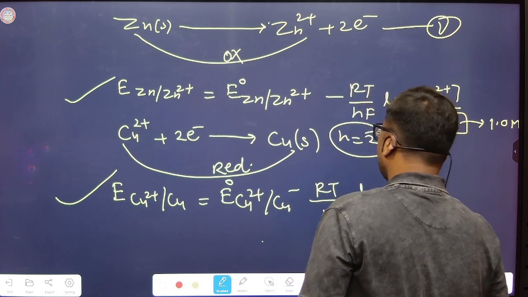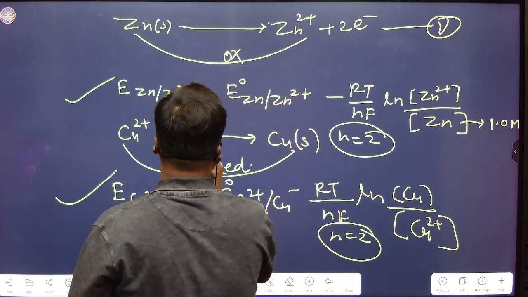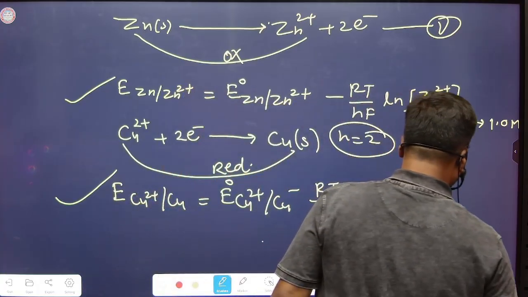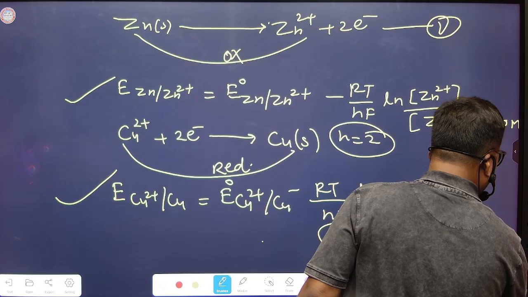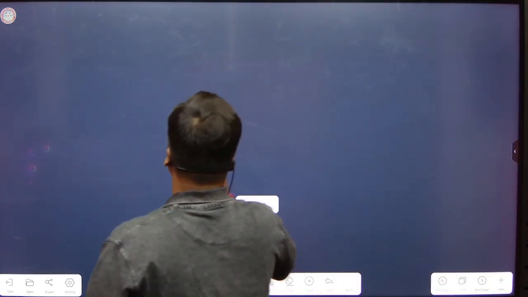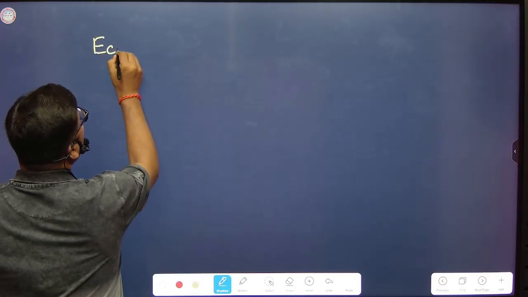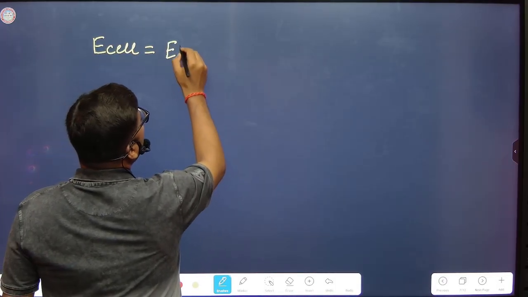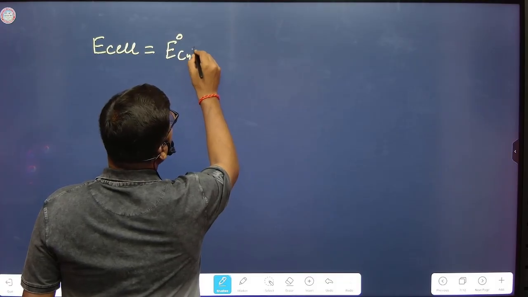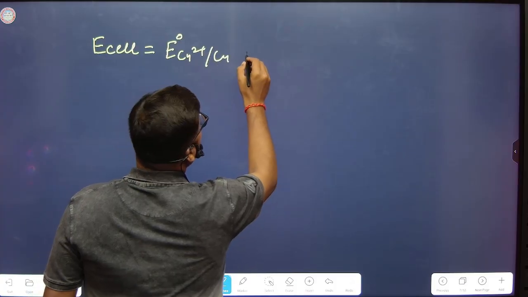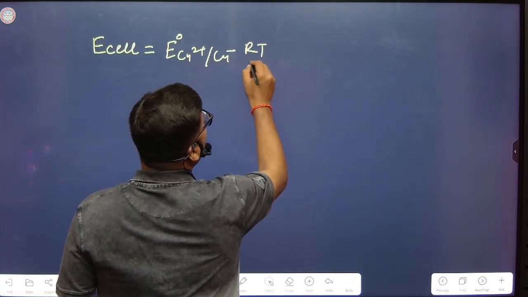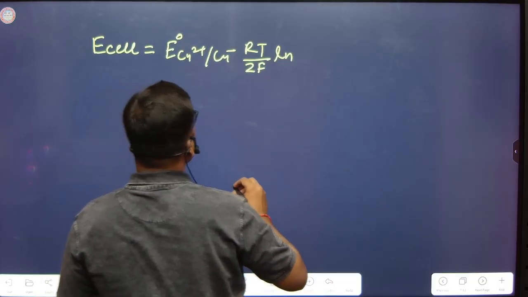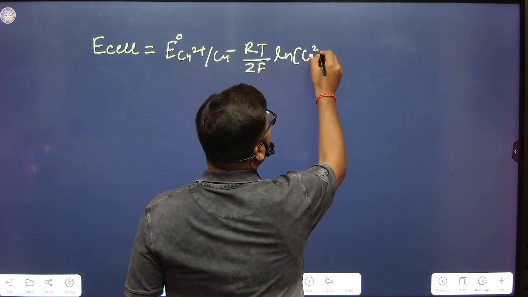So the cell is equal to these two values; first these values should be taken. So what will be the value? So E cell is equal to E naught Cu2+ to Cu minus RT upon 2F ln Cu2+, right?